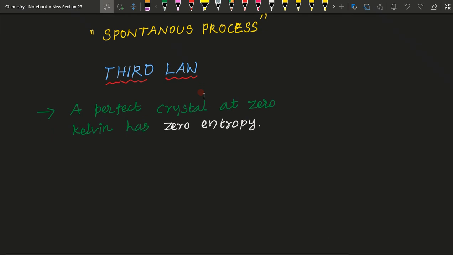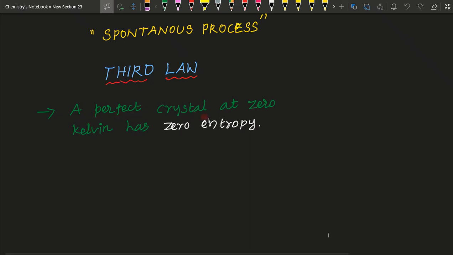Third law. A perfect crystal at 0 Kelvin. Please note this. Temperature is denoted by Kelvin, not Celsius or Fahrenheit.